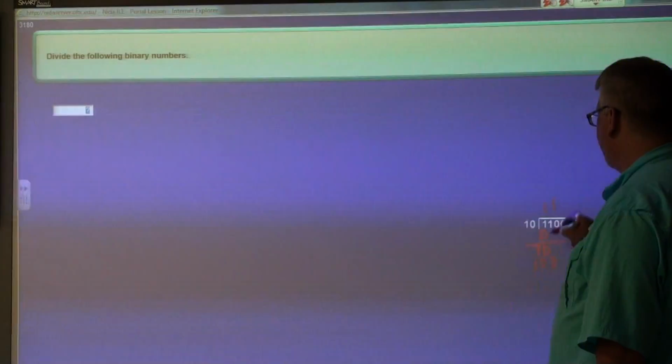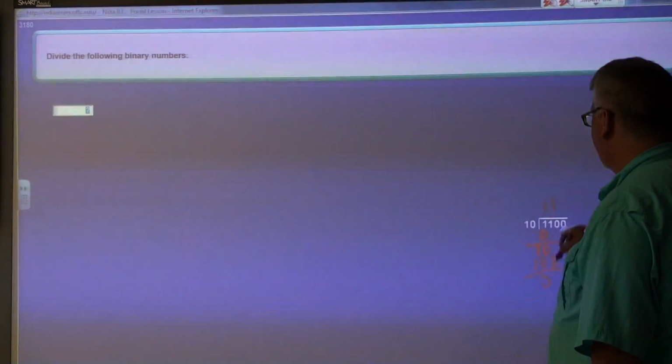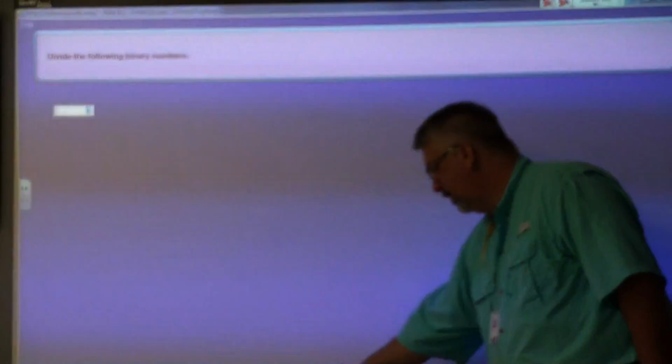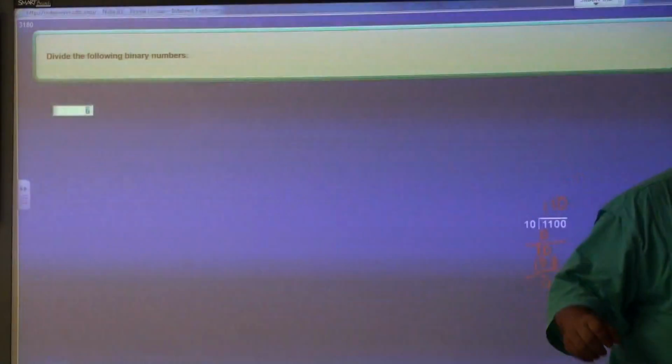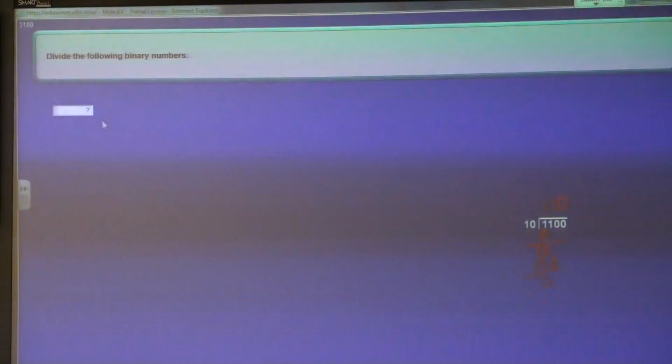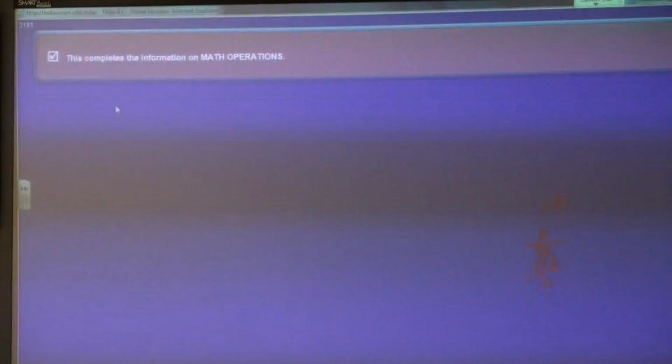That leaves us with 0. 10 goes into 0 how many times? 110. Yay! Real math, regular math. I like it. You can do it the same way as regular math, take a 0 off.